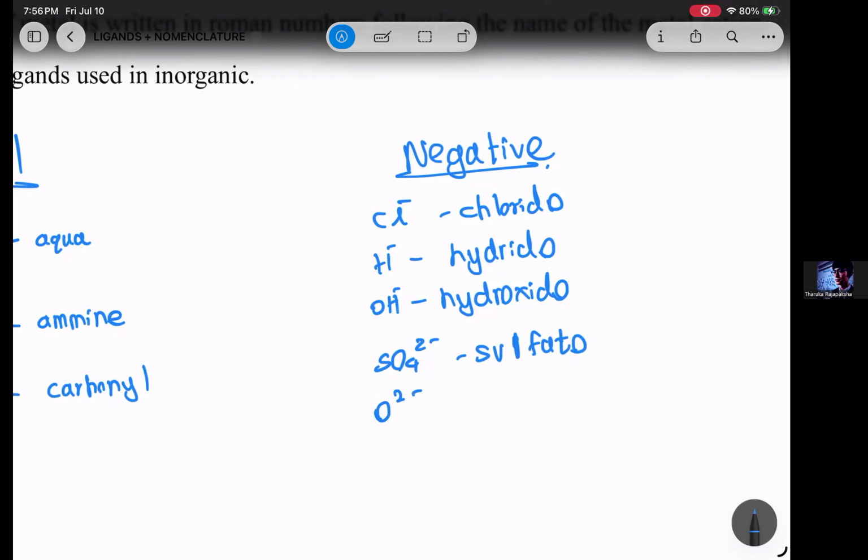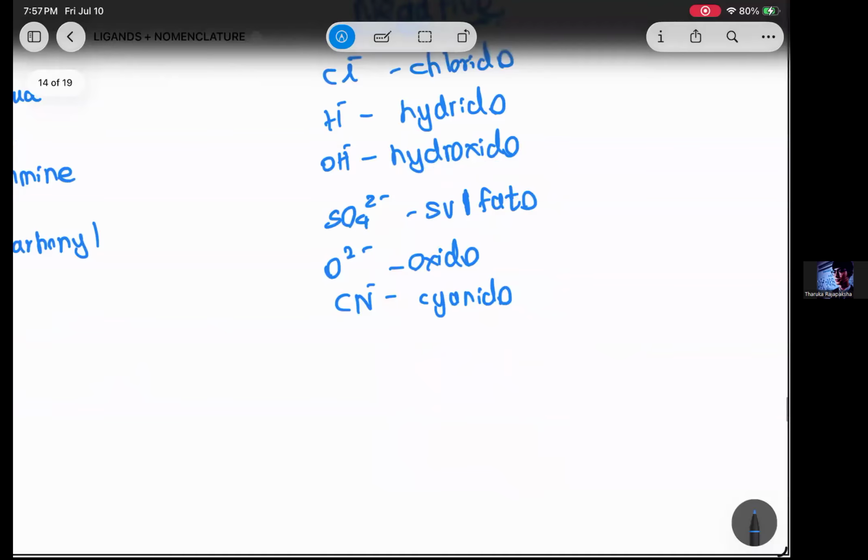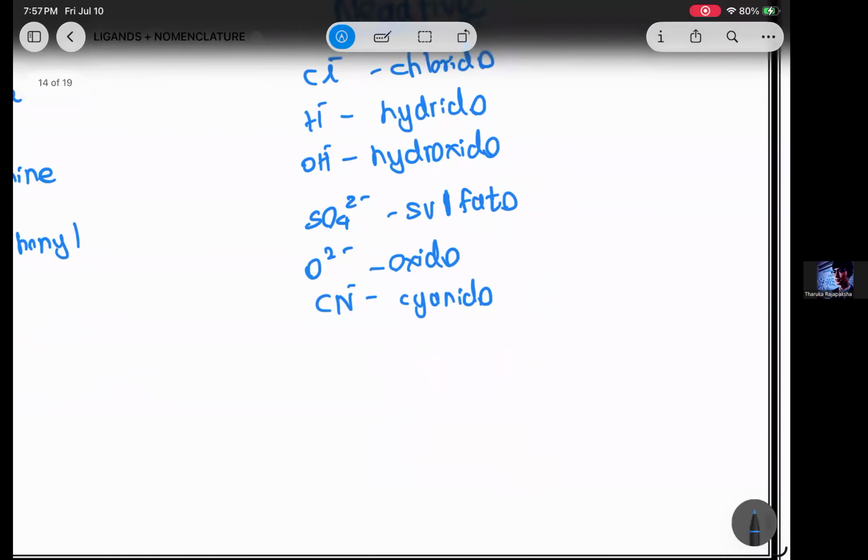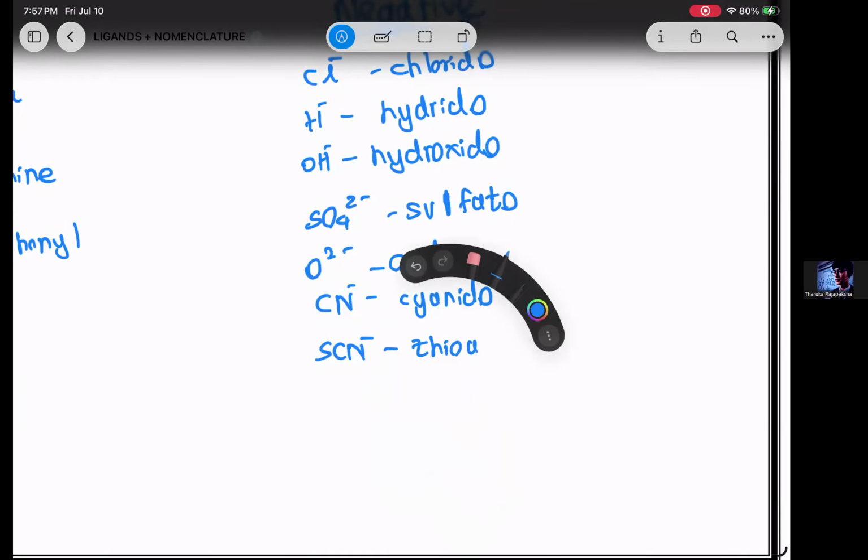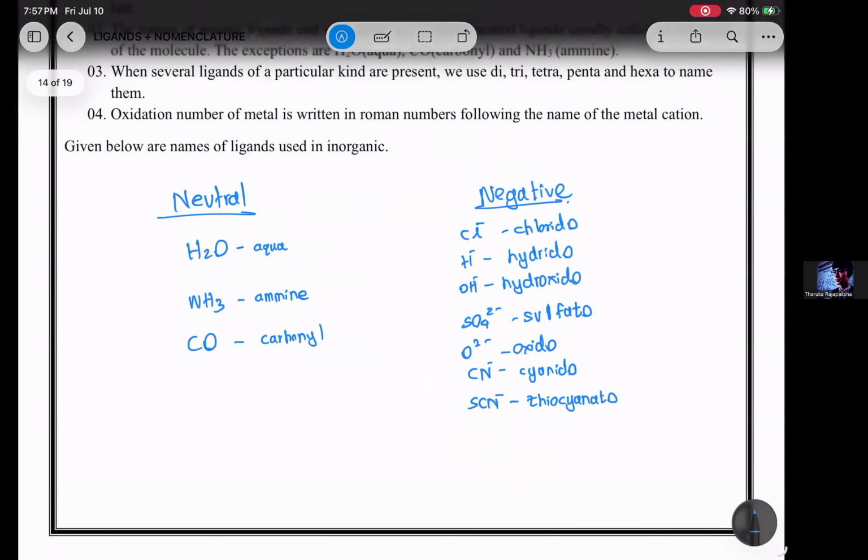O2 minus, oxido. CN minus, cyanido. Now, if you find more examples, we'll include them while answering questions. Thiocyanato. Write this down. There are no positively charged ligands.